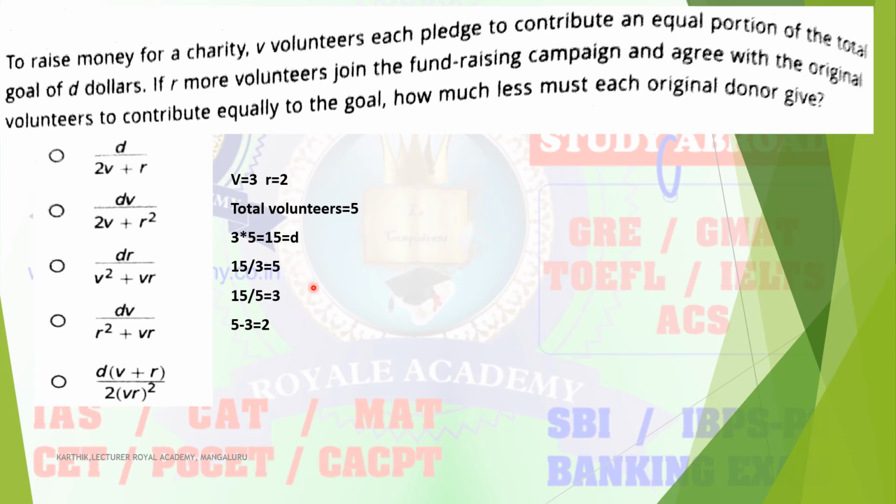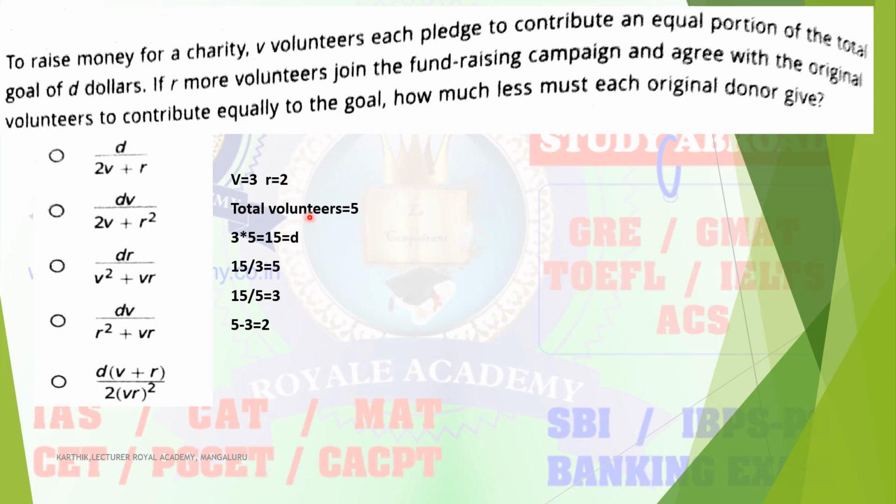After that, if it is increased to 5 volunteers, what happens? Each member has to pay $3. Then take the difference. If there are only the original 3 members, each has to pay $5.